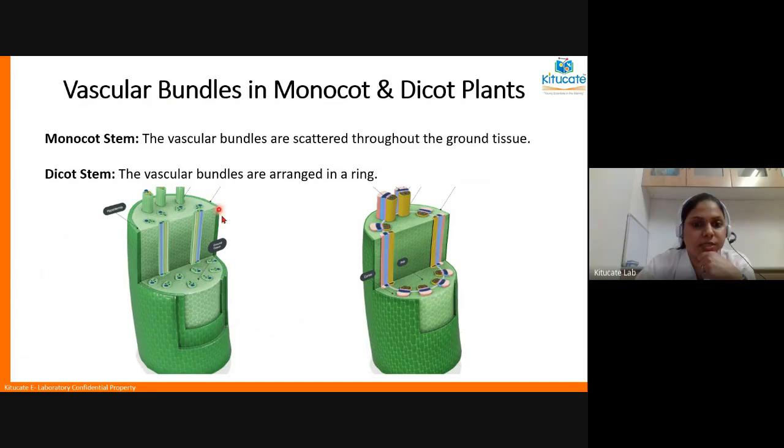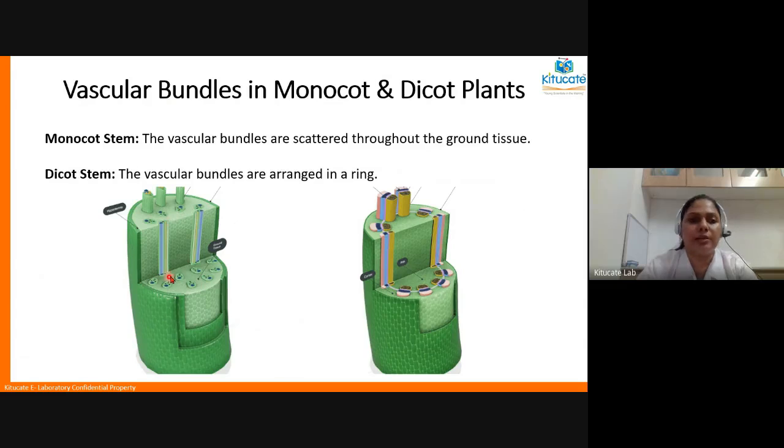So this is a stem. If you cut the stem horizontally, you will see that there are vascular bundles. It has multiple tubes in it. Can you see that? The structure would be a little more clear to you all now. Now these vascular bundles, there are many bundles. This is one bundle, this is a second bundle, third, fourth, fifth.